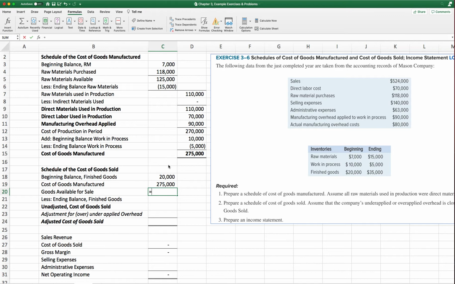That means the goods available to sell was $295,000. Once again, I'm going to subtract my ending balance in finished goods. And that was $35,000. Once again, I'm putting that in parentheses so I know what I'm dealing with.